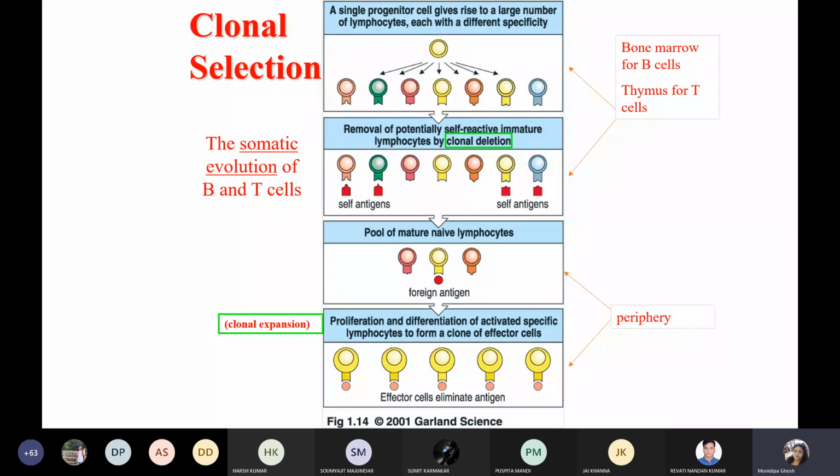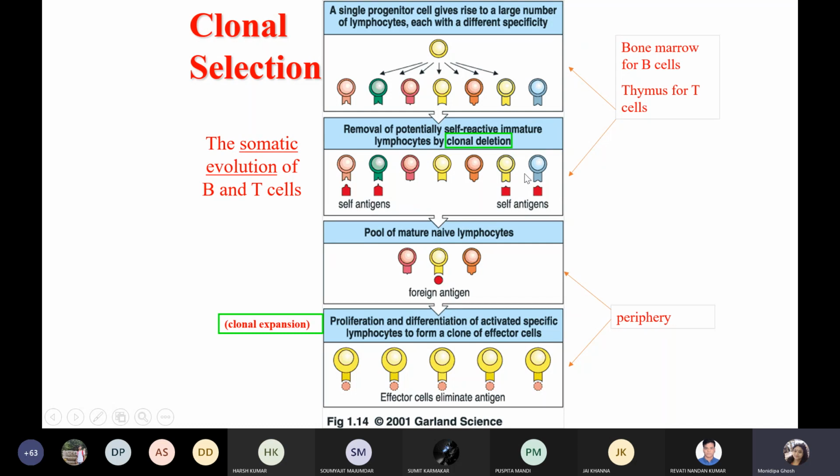So please get charged. Only in the periphery does all this function go on. In the bone marrow, B cells are produced, multiplied, developed and matured. In the thymus, the T cells, coming from the bone marrow, mature.